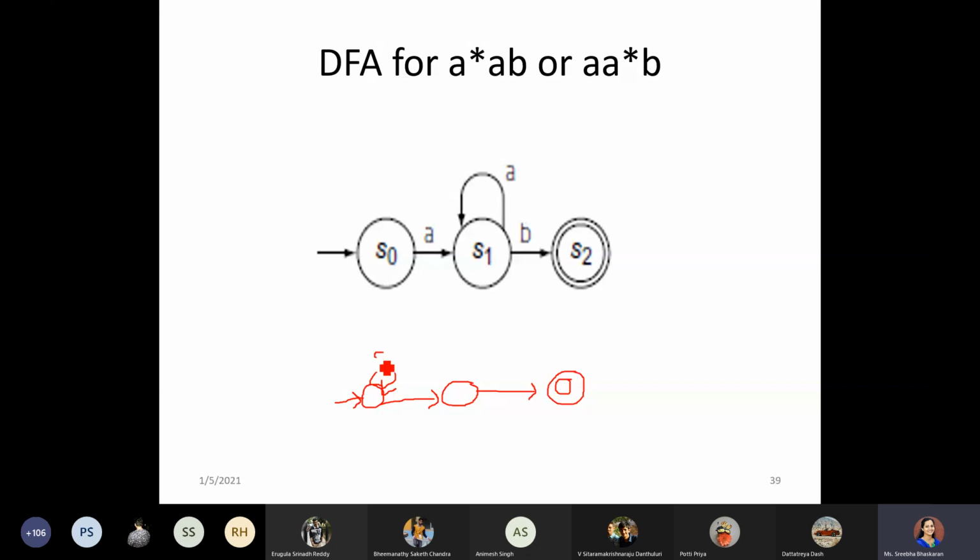So a self loop with respect to A, and a transition from the initial state to another state with respect to A, and from the second state with respect to B transition, we would be reaching the next state.